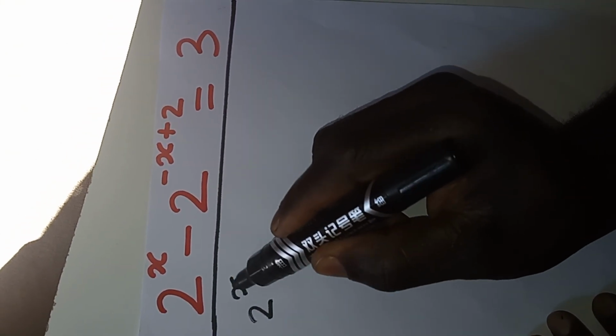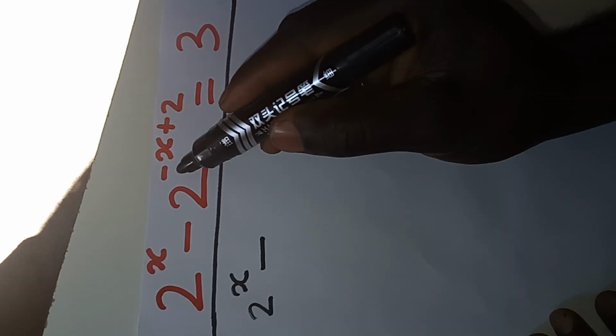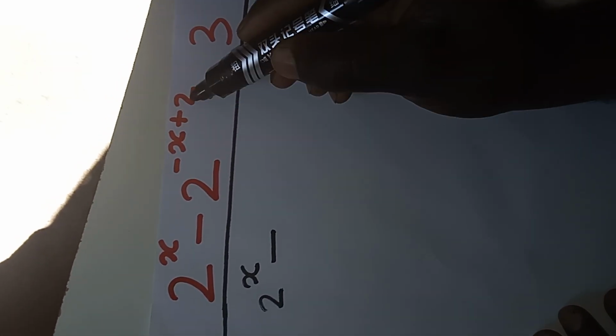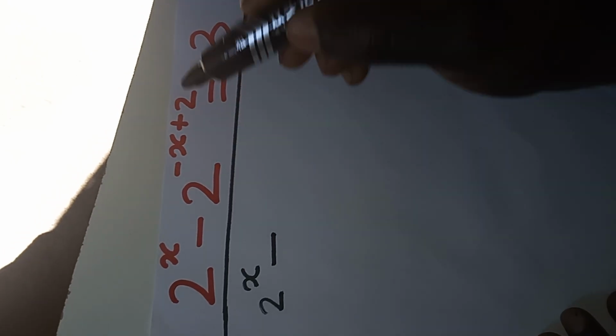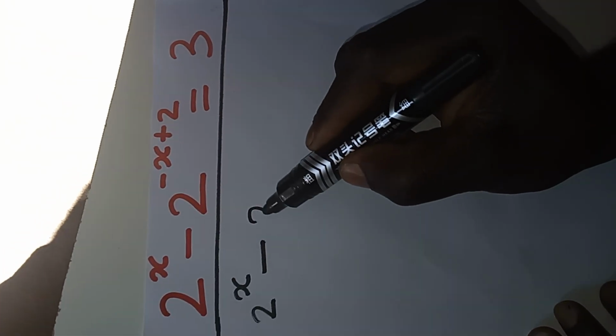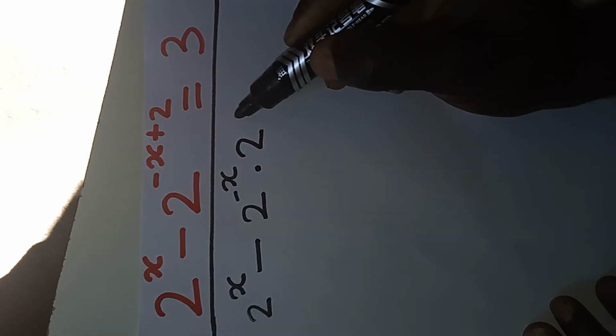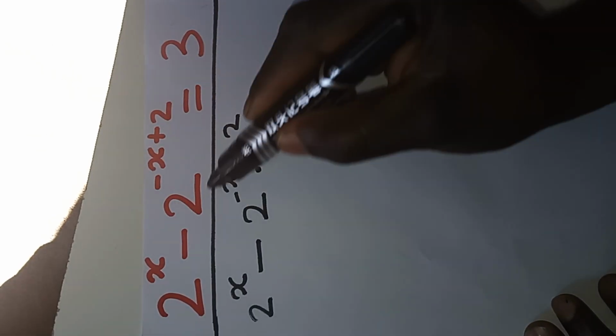So 2 to the power of x minus this part here, we only add powers according to exponents. We add powers if the bases are multiplying. So in this case, we have 2 to the power of minus x multiplied by 2 to the power of this 2 here. That's how we got to this level.